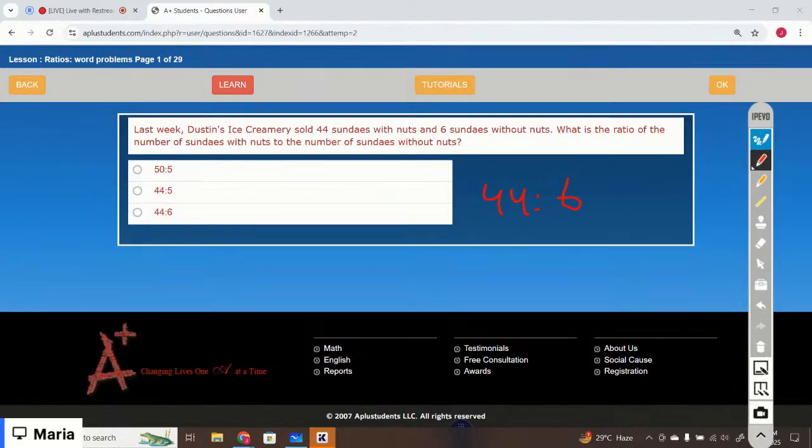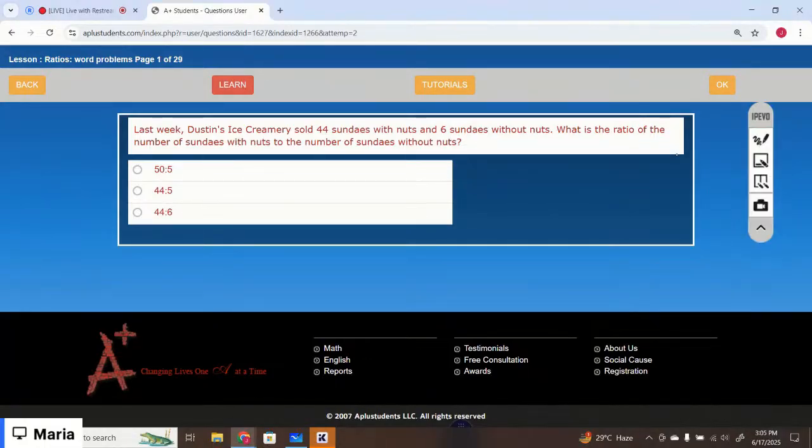Option number 3 is the correct option, that is 4 ratio 6.